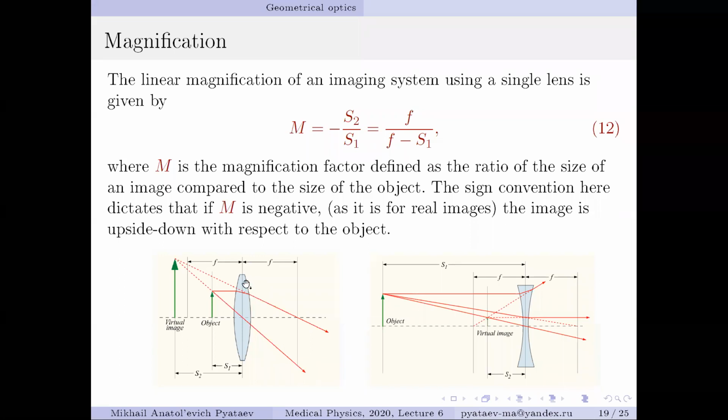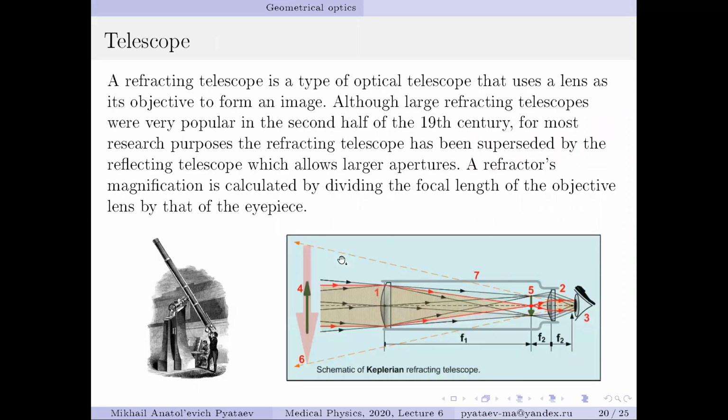Another situation is in case of optical system. I will discuss telescope and microscope briefly there. The magnification is a characteristic of the system itself. So let us see how a refractive telescope can be constructed.